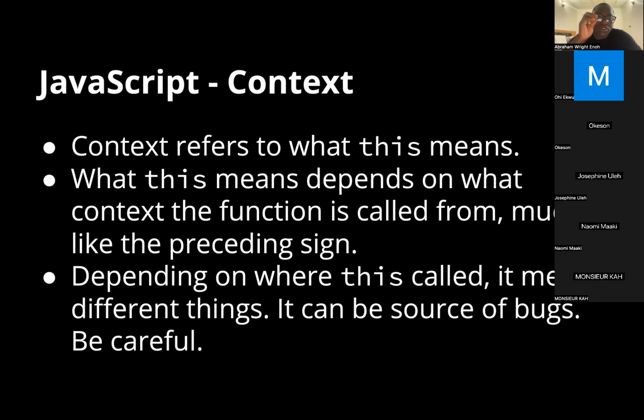Much like the preceding sign, it depends on where this is called, and it could mean different things, right? So it can be a source of bugs. When you use the word this, it can give you some bugs if it is not properly used.